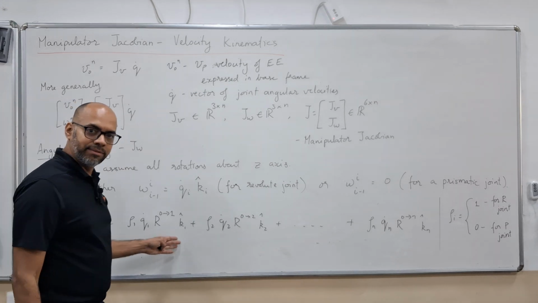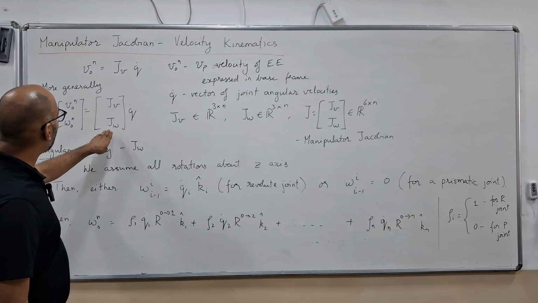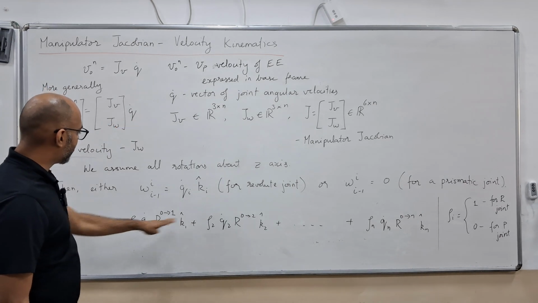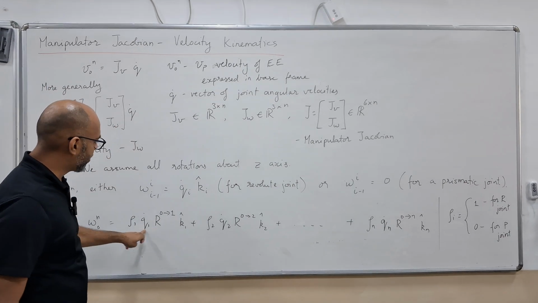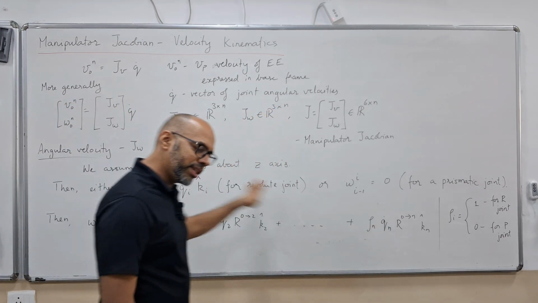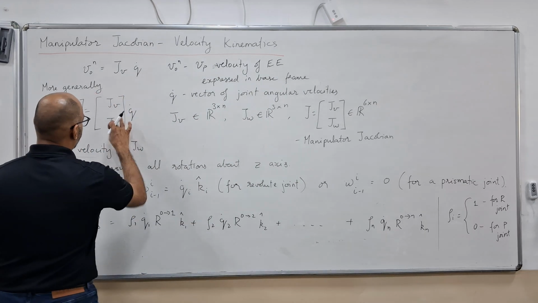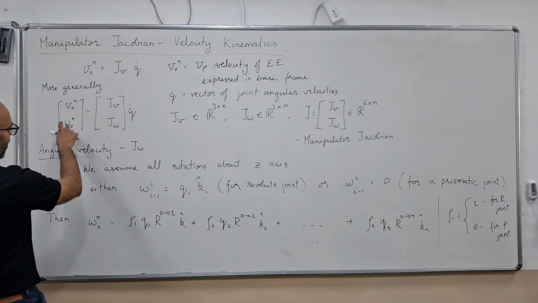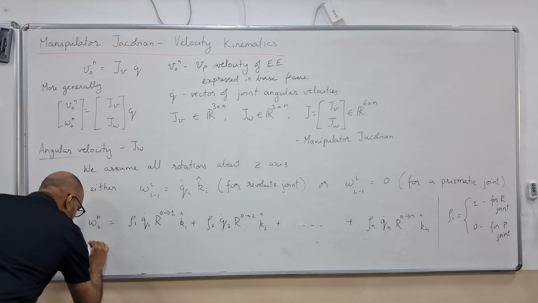Now when I look at this, this is already in the form of something multiplying the q dots, right? q1 dot, q2 dot. So everything else, if I take out, that will be my J omega. So that gives me the bottom part of this already.